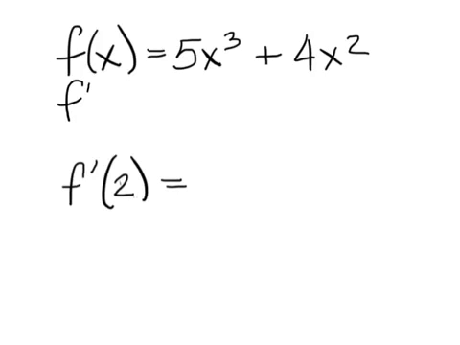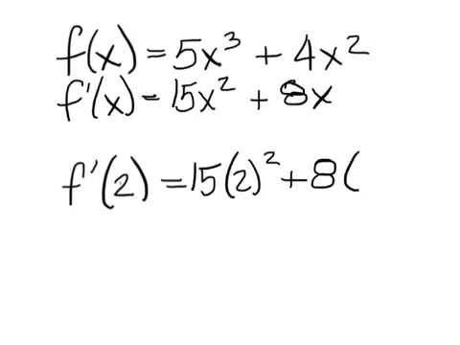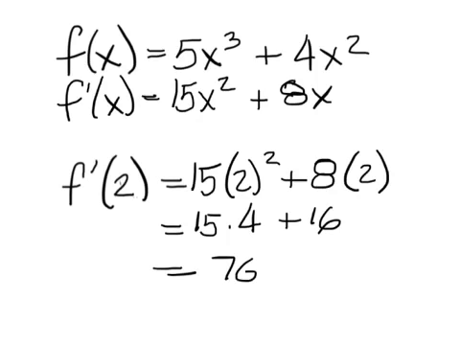The solution here for the derivative is that you'll have 15x to the second and then 8x. So we'll have 15 times 2 to the second power plus 8 times 2. So 15 times 4 plus 16 should be 76.